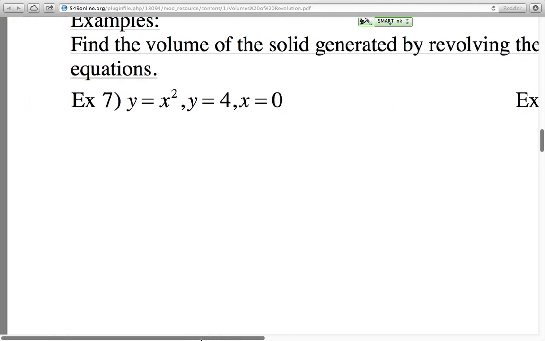So what I would do right off the bat is graph it the way you're used to graphing it, and then we'll do some switching. All right, number 7. Now keep in mind, what are we wanting to revolve it around now? The y-axis. Listen carefully. Revolve around the y-axis. Everything now has to be in terms of x.